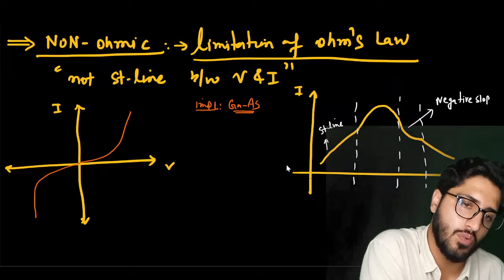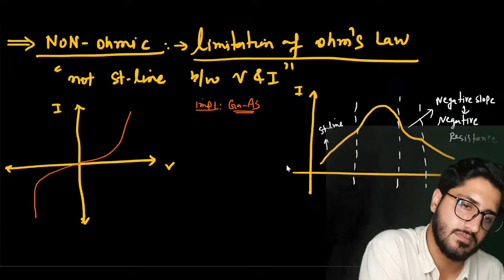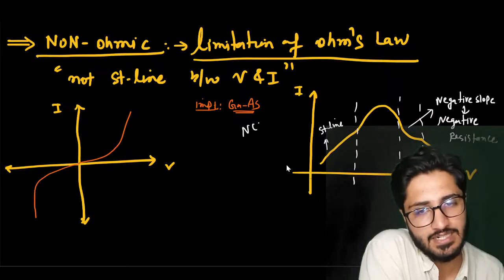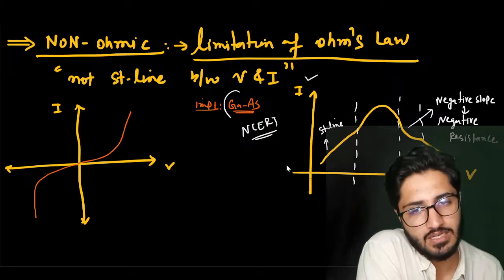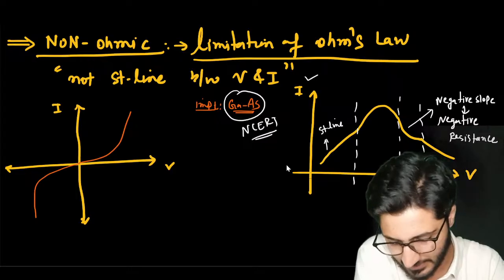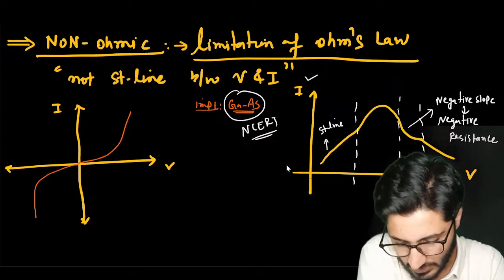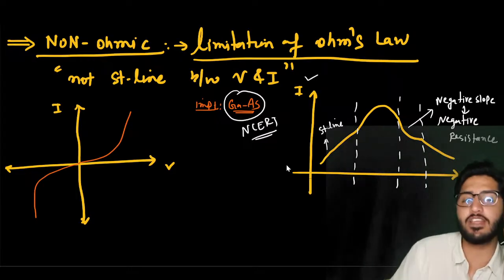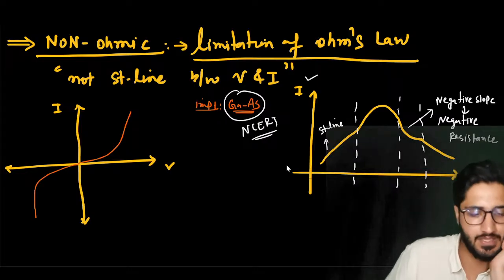Negative slope indicates negative resistance. Clear? And it is given in NCERT, that's why this one is very important, gallium arsenide. You need to mention each and every piece of information in your copy.